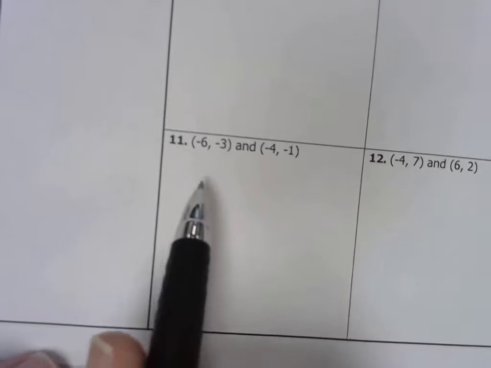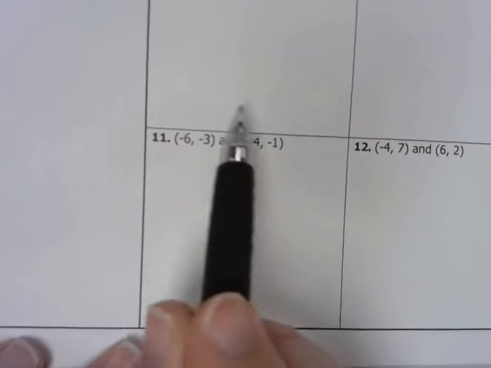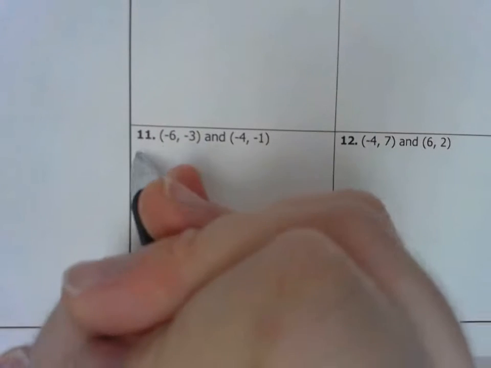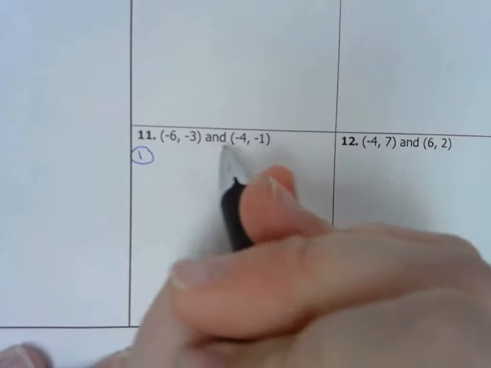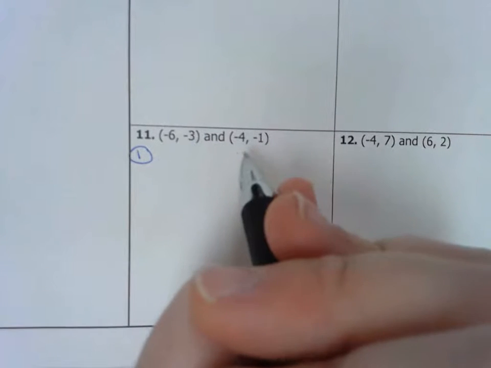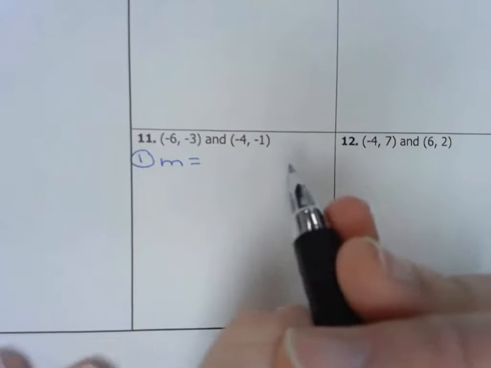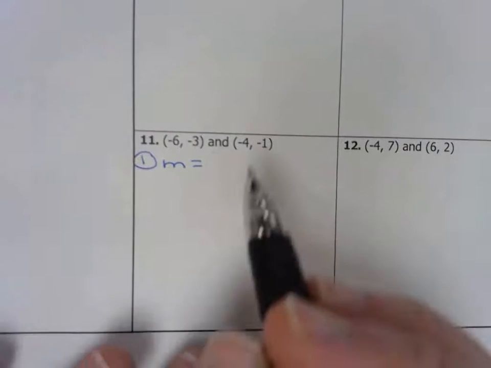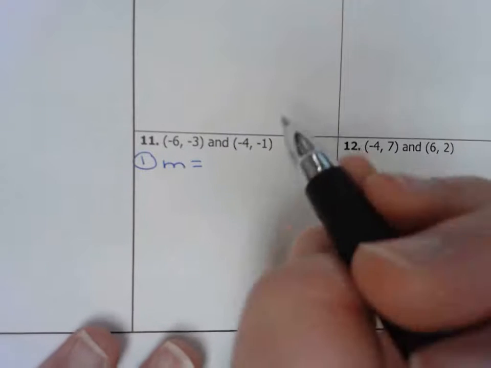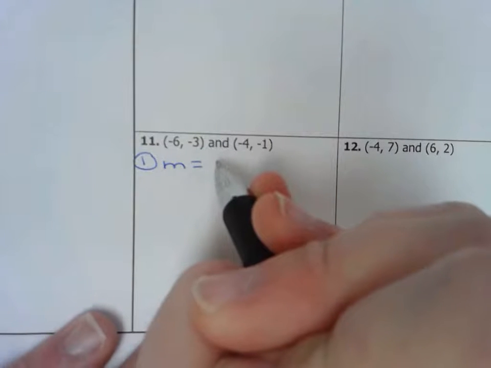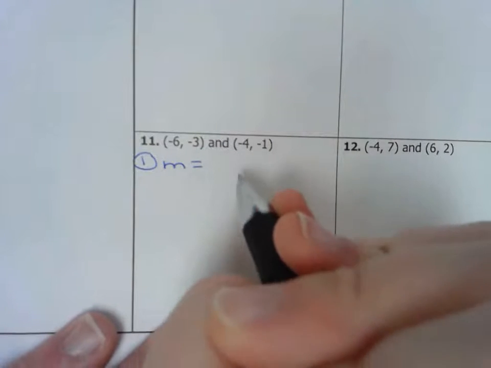Okay. So let's look at 11 real quick. As I look at 11, first thing I notice is I do not give the slope. I have to find the slope so I know what to plug in for m. So use the formula, y2 minus y1 over x2 minus x1. My y2 value will be negative 1.